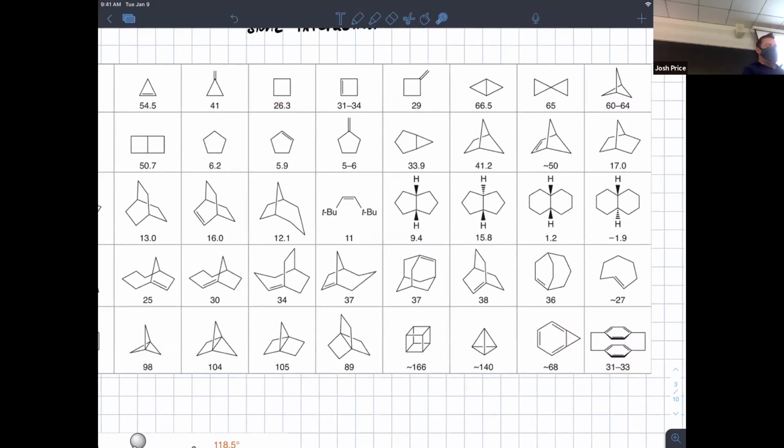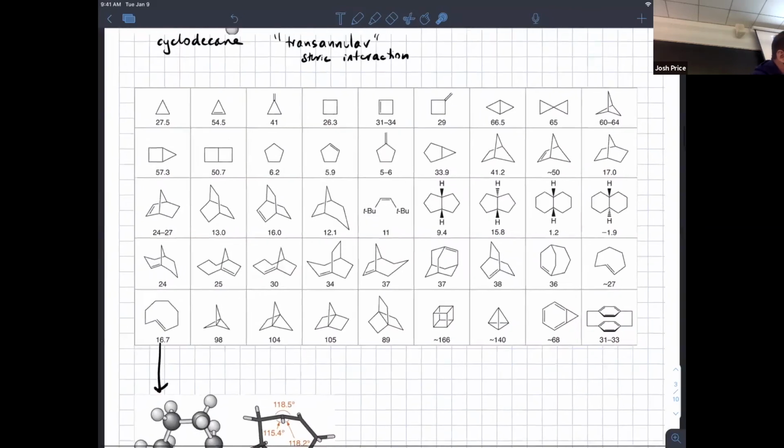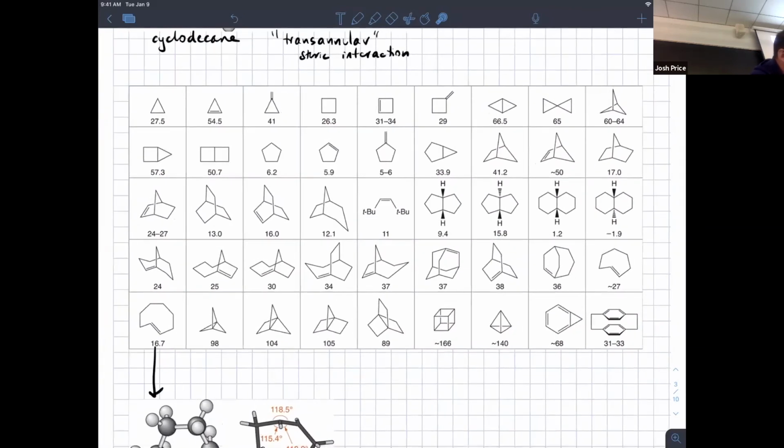And it looks like we also have tetrahedrane, and propellane. I mean, you start coming up with strange names. A couple of interesting questions are with bicyclic systems.